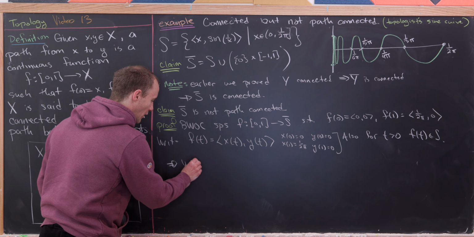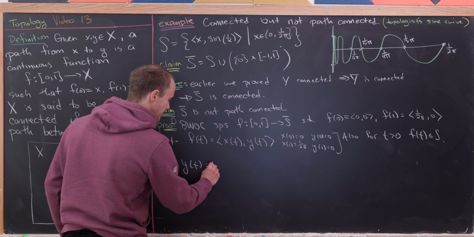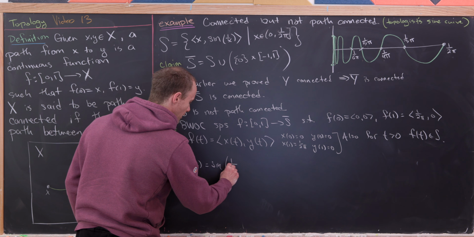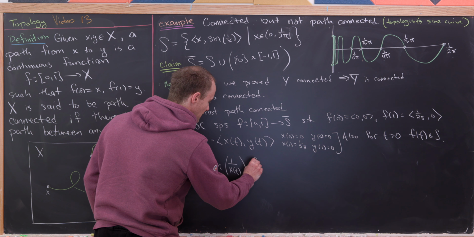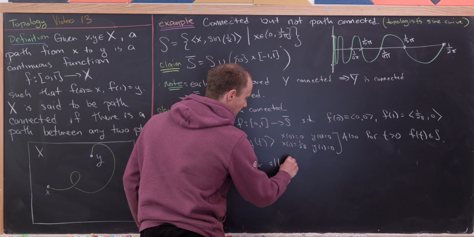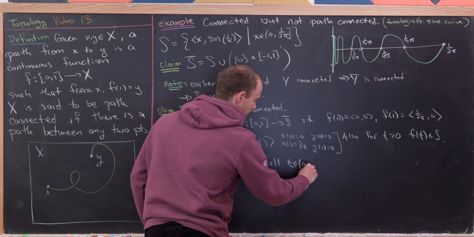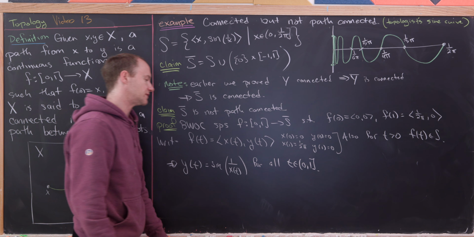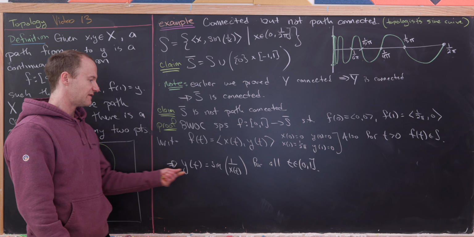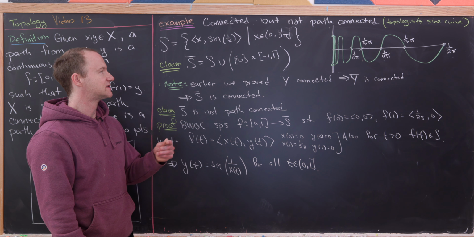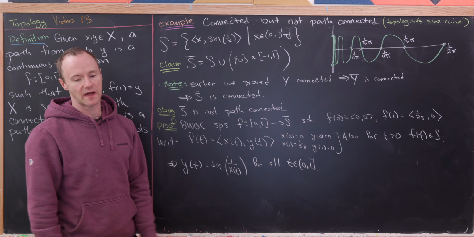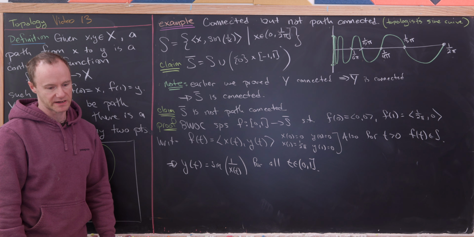That tells us that y of t is equal to the sine of 1 over x of t for all t on the interval from 0 to 1, not including 0. Again, because that's the condition we need to be on the sine part, not the interval part. Okay, nice.